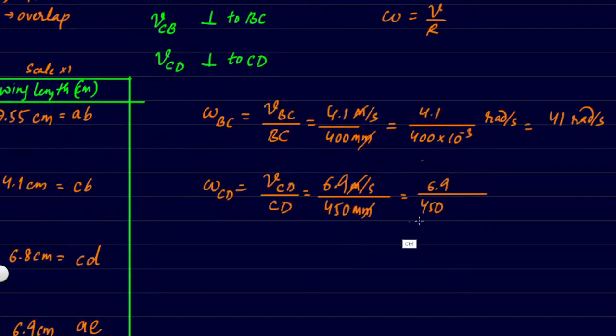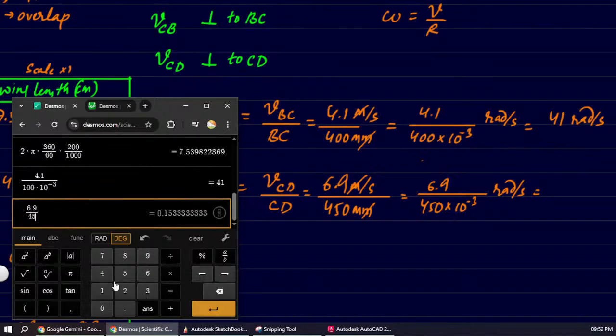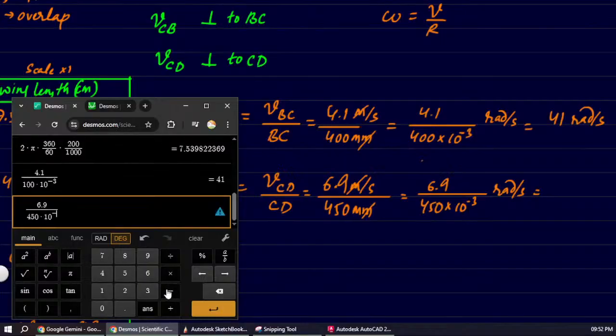We are left with milli, which means 10 power minus 3, and we are just left with the unit radians per second. So let's quickly go to our calculator and calculate 6.9 divided by 450 into 10 power minus 3. Okay, so we're getting 15.33.